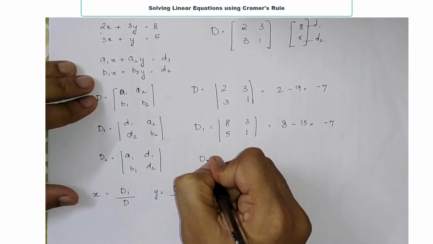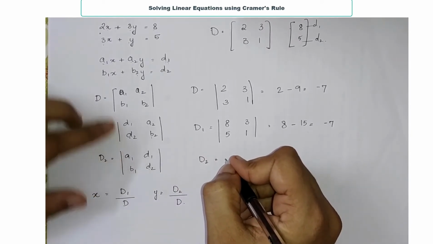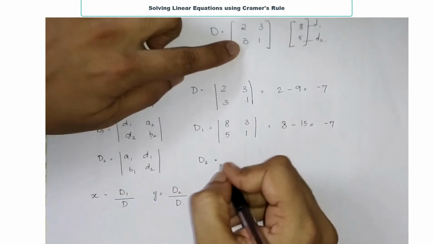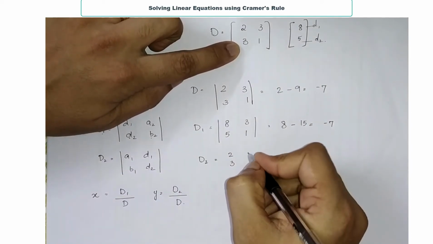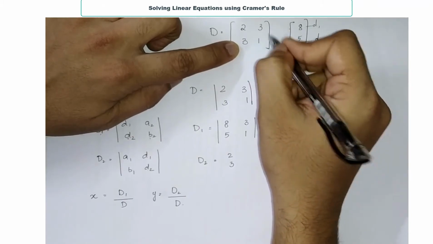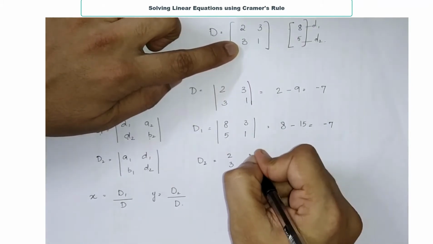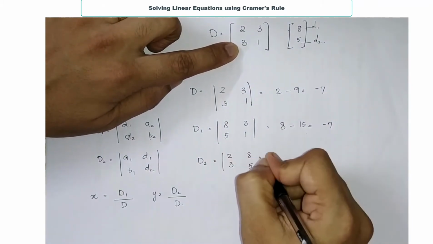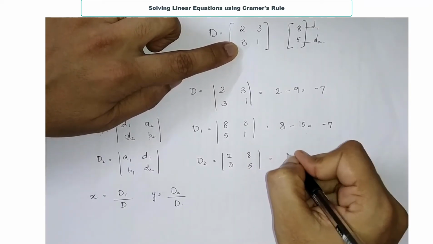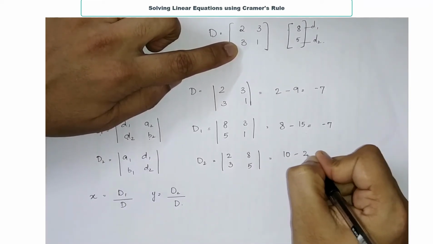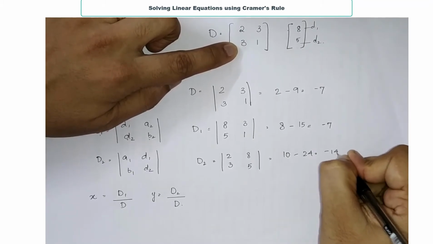Now what is D2? It will remain the same first column, 2, 3, but the second column will be replaced by 8 and 5. So this is 10 minus 24, which is equal to minus 14.